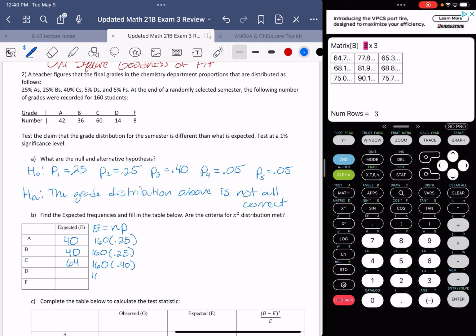For D's, it's 160 times what? What's the proportion for D's? 0.05, because we were told 5% for D's, which is 8. And then F's was the same thing. F's was also 5%. So 160 N times 5% P is again 8.